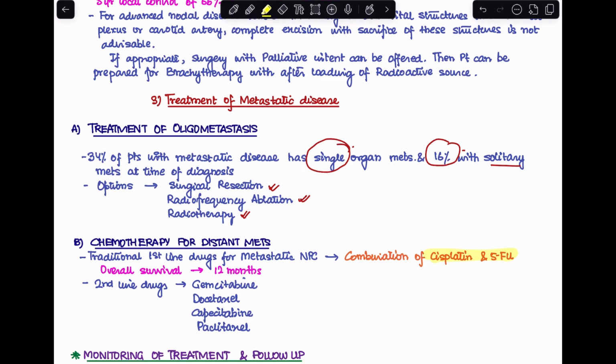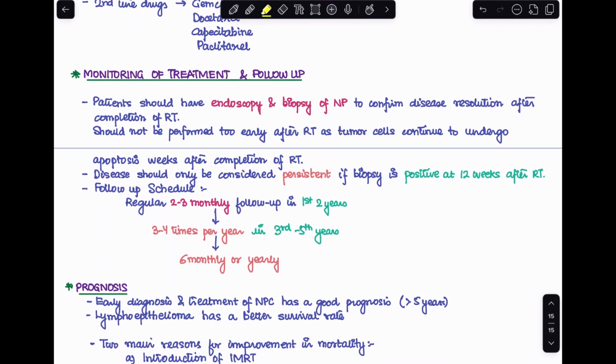So now after the treatment, how do we follow up the patient? We have to follow up the patient by performing repeated endoscopy and biopsy of the nasopharynx to confirm the disease resolution after radiotherapy has been completed. Biopsy should not be done right after radiotherapy. We have to give enough time for the radiotherapy to continue acting on the tumor cells, which will undergo apoptosis even as late as 10 to 12 weeks after the completion of radiotherapy.